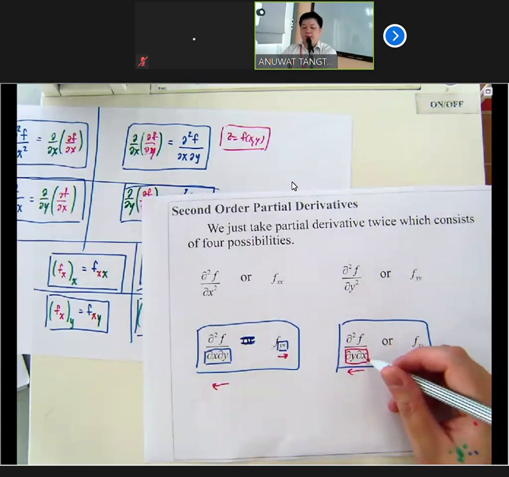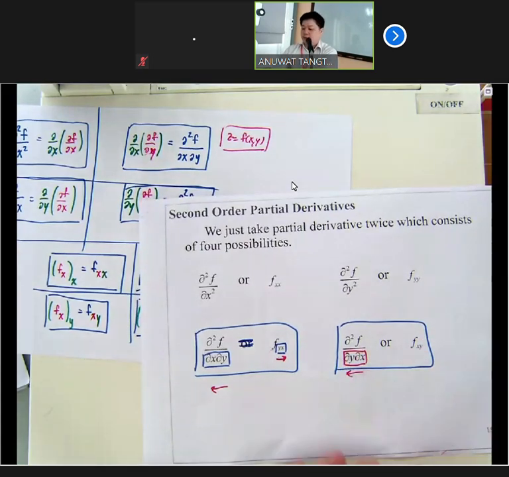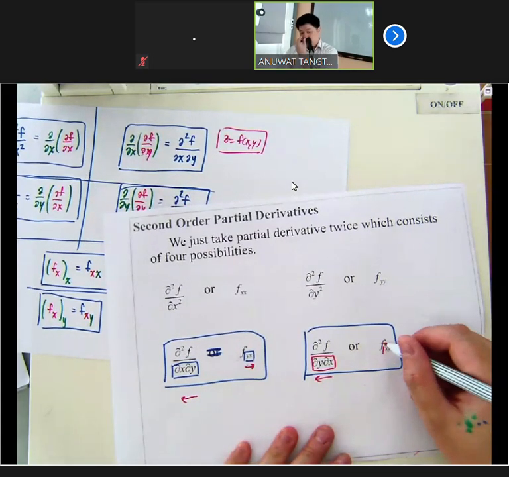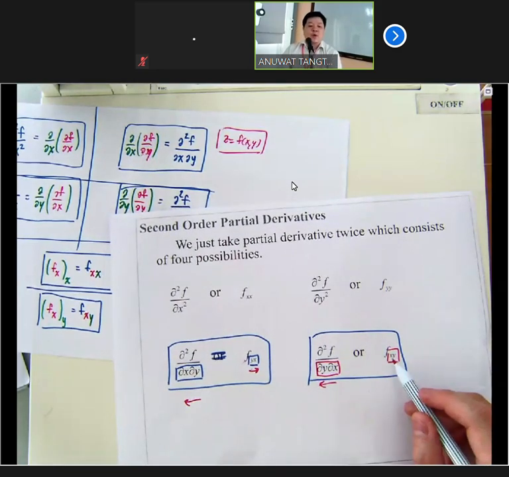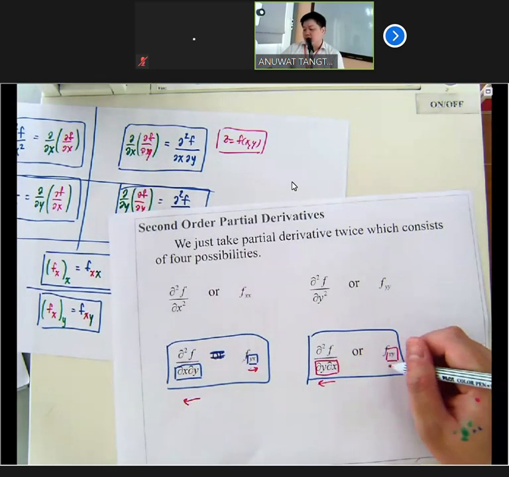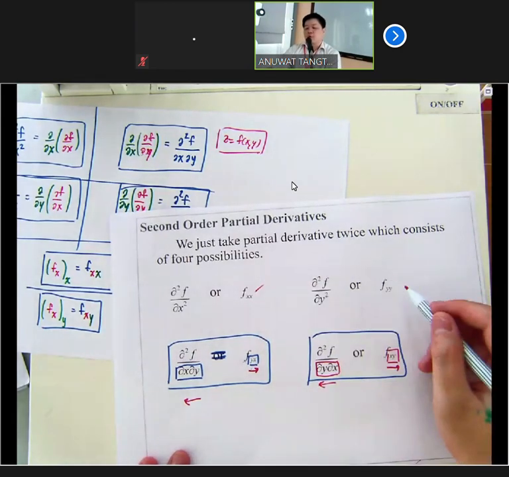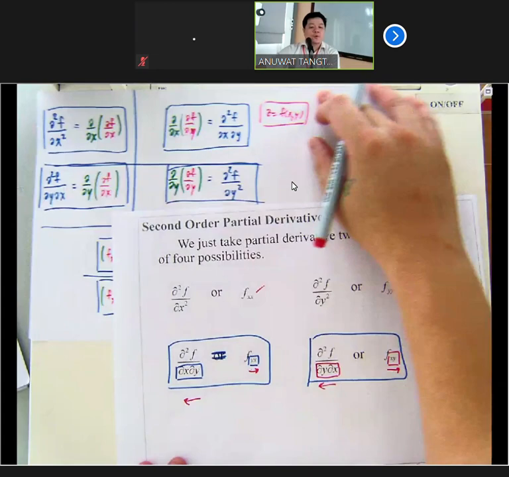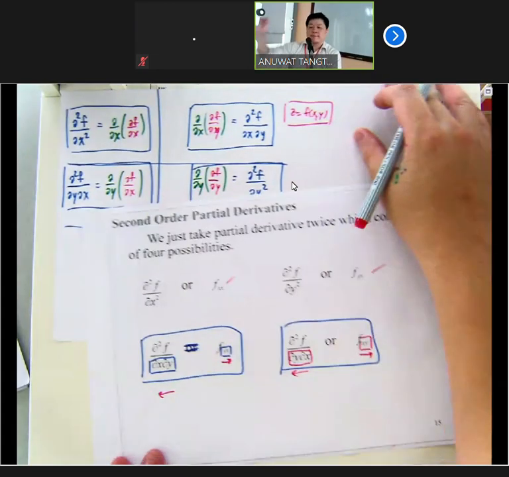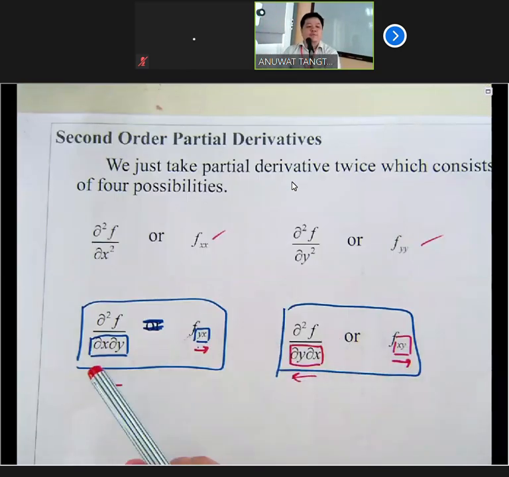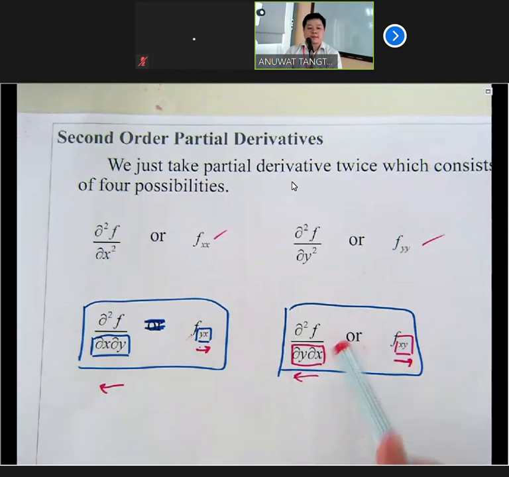It means differentiate with x first and y later, so it comes from left to right. For these two there would be no problem because it's the same variable. But between x and y, the order would be important. It would have a different meaning.